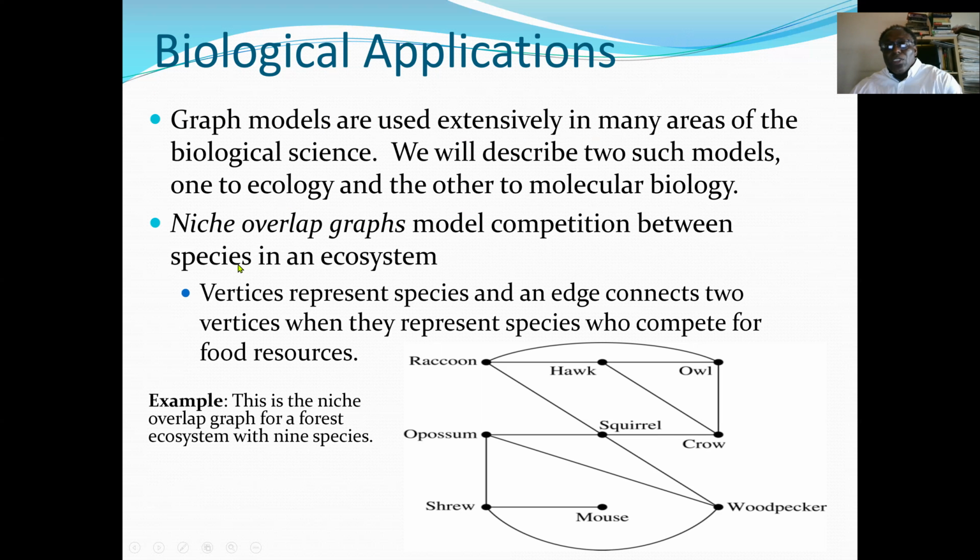Niche overlap graphs model competition between species in an ecosystem. Vertices represent the species, and an edge connects two species if they compete for food resources.